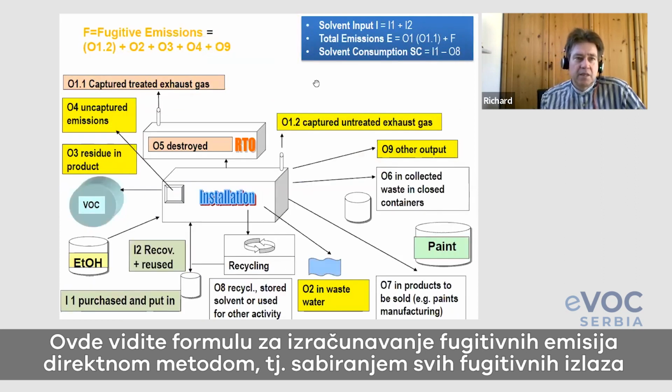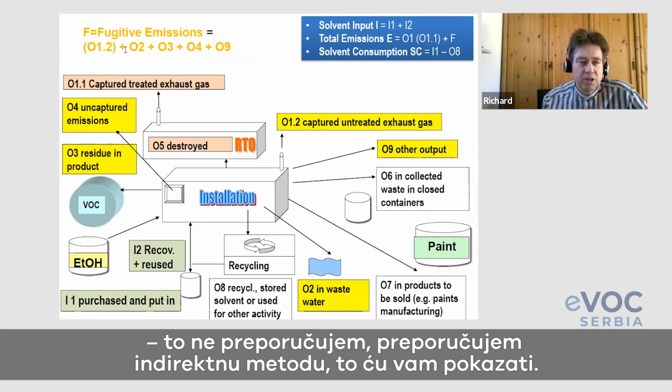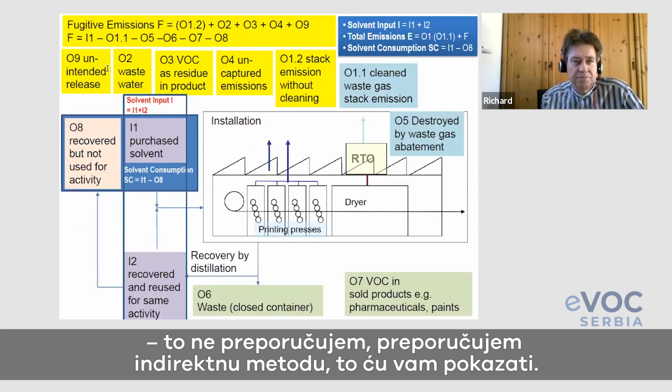So yes, maybe here you see the term when we would determine the fugitive emissions in a direct, that means additive way. If you would add all fugitive O's together, I would not recommend to do that. I recommend the indirect method. I will show you.